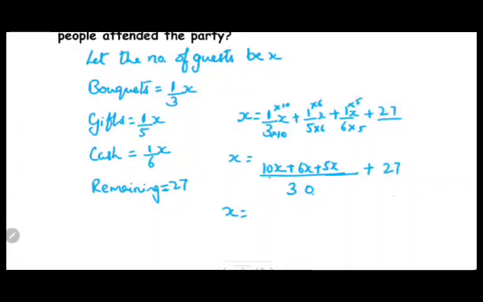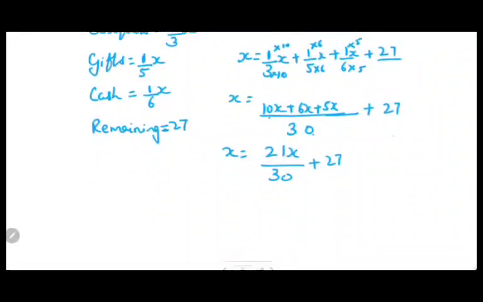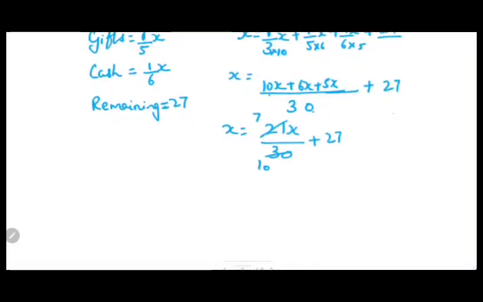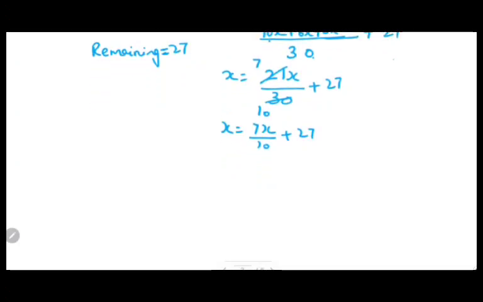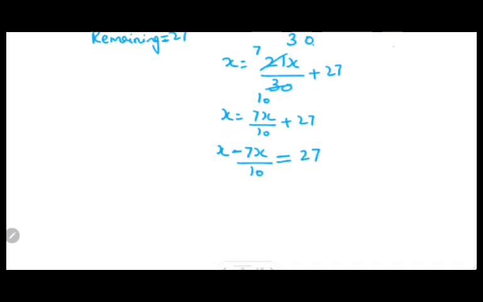Okay, x is equal to 10x plus 6x, 16x plus 5x is 21x upon 30 plus 27. I'll reduce it here itself. So 3 7s are 21, 3 10s are 30. So now this looks like x is equal to 7x upon 10 plus 27. Let's bring all the x's on the left hand side. So x minus 7x upon 10 is equal to 27.